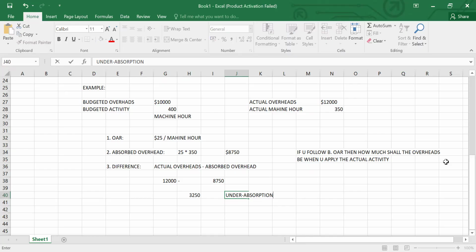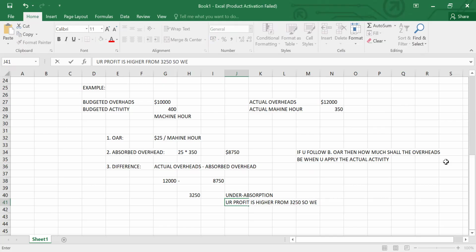So you under absorbed your overheads by 3250, which means that your profit is higher by 3250.